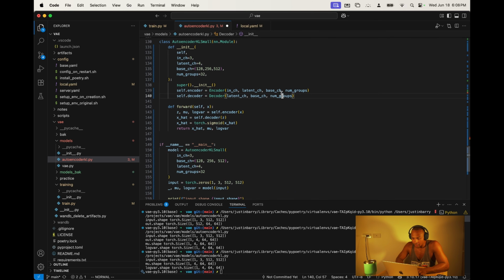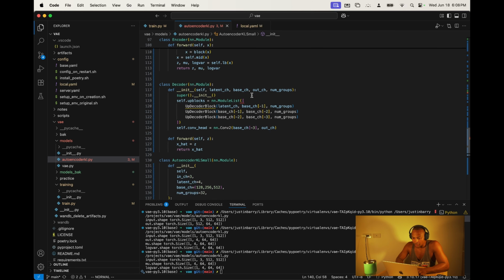So our decoder needs to have out channels equal to in channels, because we're reconstructing our image. So it's going to be 128 to 3.